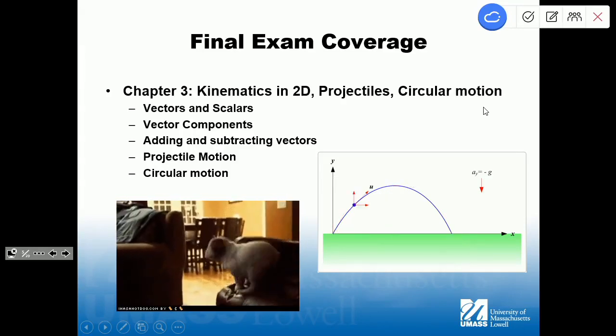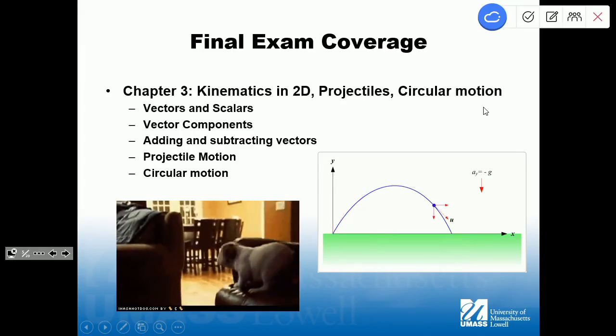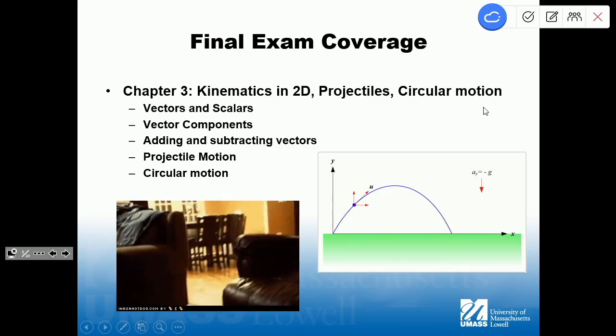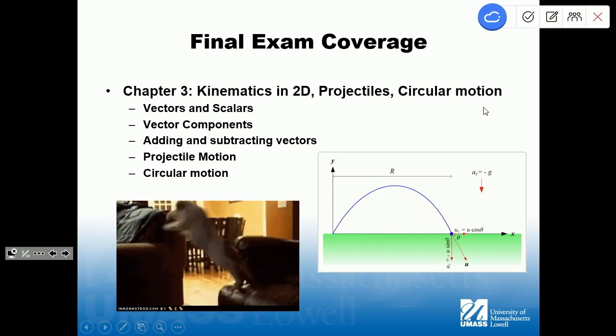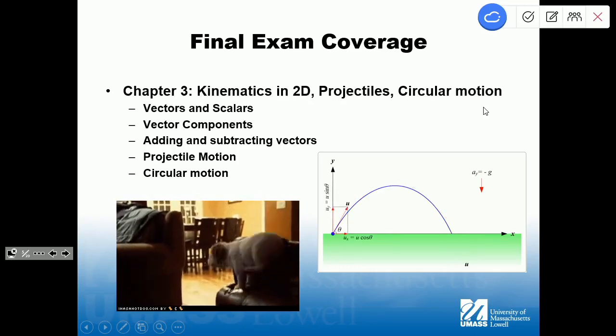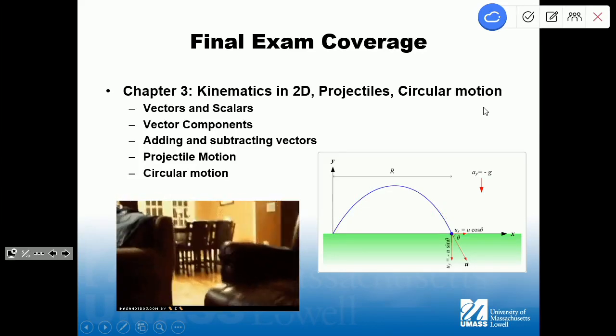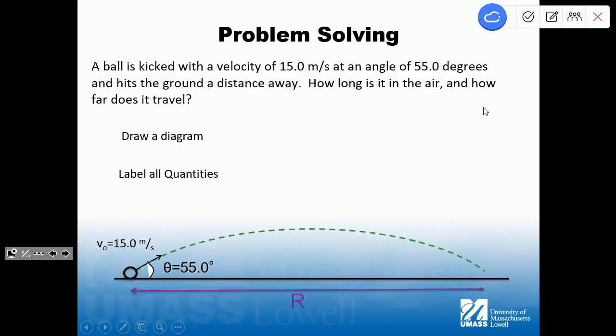And which axis determines how long the projectile is in the air? The y-axis, right? So it's essentially like how high it goes that determines how far it travels, right? Okay. So let's do a quick separation problem.